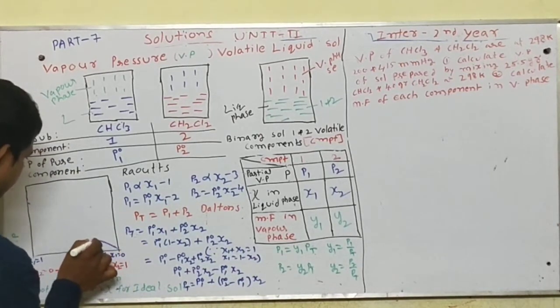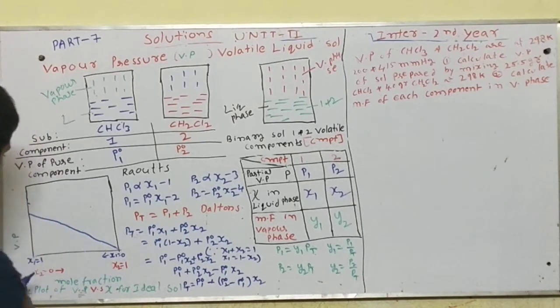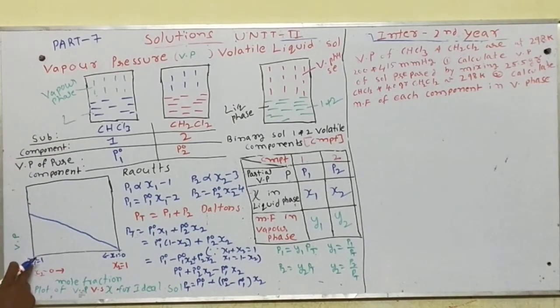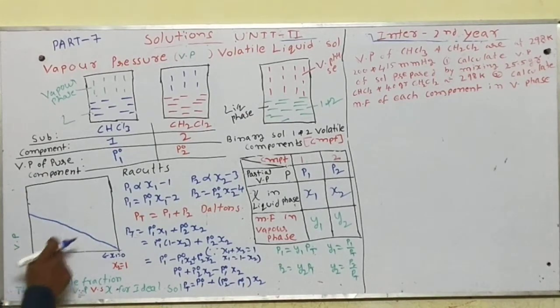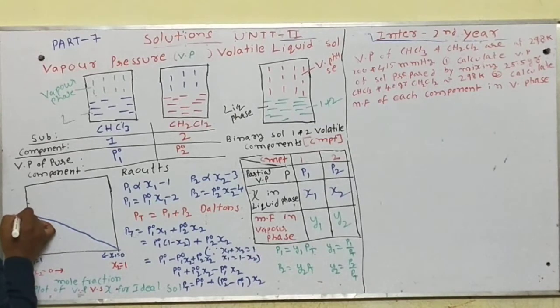We get a straight line passing through the origin, and we know here x1 is equal to 1, that means the pure component is present, so the vapor pressure of the pure component is P01. I am writing P01 here.